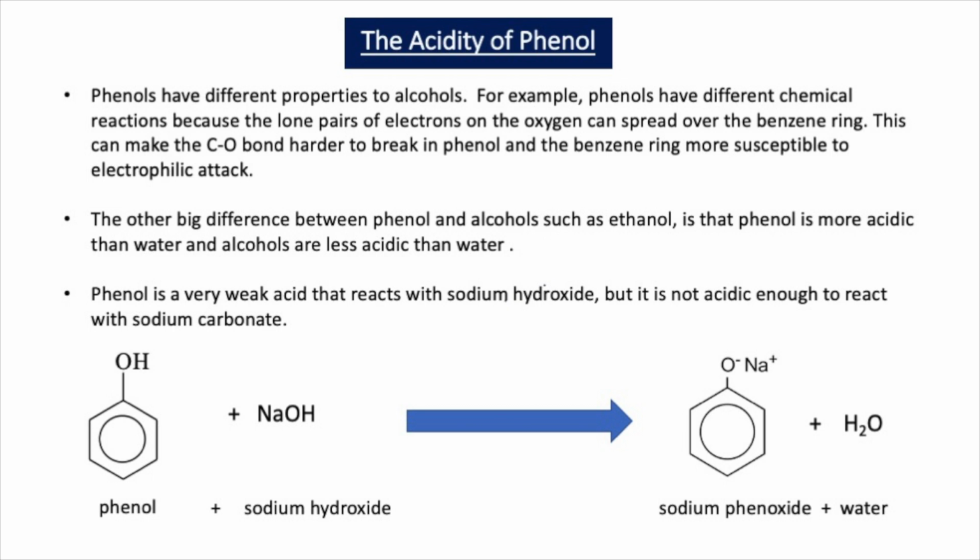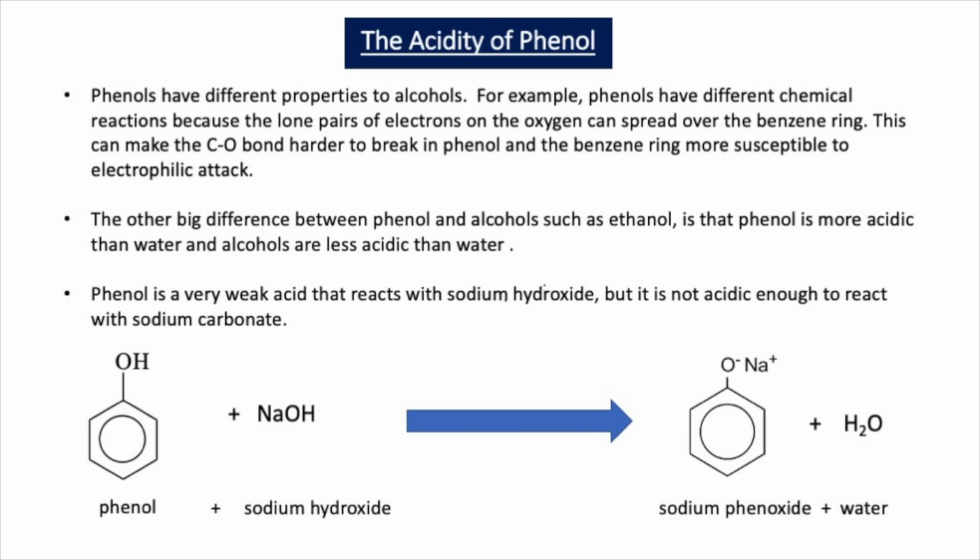Now, phenol is classed as a very weak acid and it reacts with sodium hydroxide to form the salt sodium phenoxide, but it's not acidic enough to react with sodium carbonate. So if you add sodium carbonate to phenol, you will not observe fizzing in the same way that you would if you added it to a carboxylic acid.